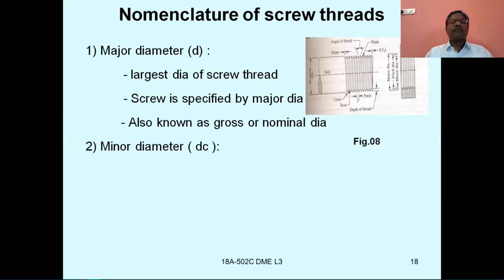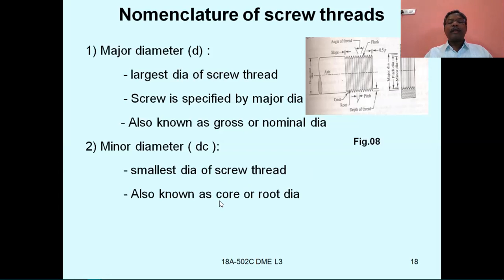And minor diameter, which is represented by dc, is the smallest diameter of the screw thread. That means from the root point to the root point, it is the diameter. This is called the smallest diameter, the minor diameter, also known as core diameter or root diameter, because it is from root to root distance.